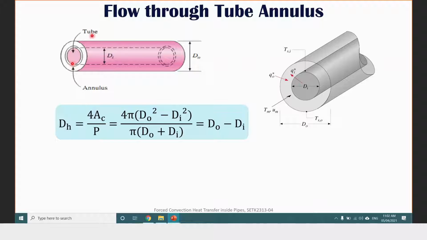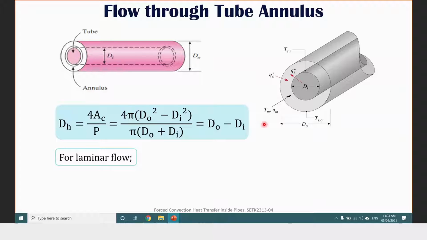As in, if we cut this tube, the circular section is the cross-sectional area divided by the perimeter of the tube. So we can substitute this. DO is the outside diameter and DI is the inside diameter. We can cancel the terms out and get simply DO minus DI, the outside diameter minus the inside diameter of the tube.